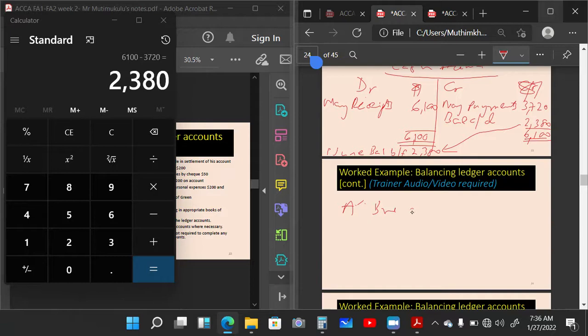So if you're given A, balance c/d 2,380, B, balance b/f 2,380, you have to choose this, because we are saying asset balances should be debit balances. If it is still an asset, it should be reported with a debit balance.